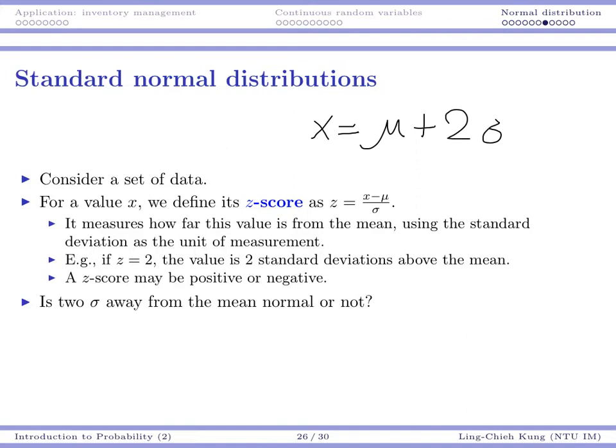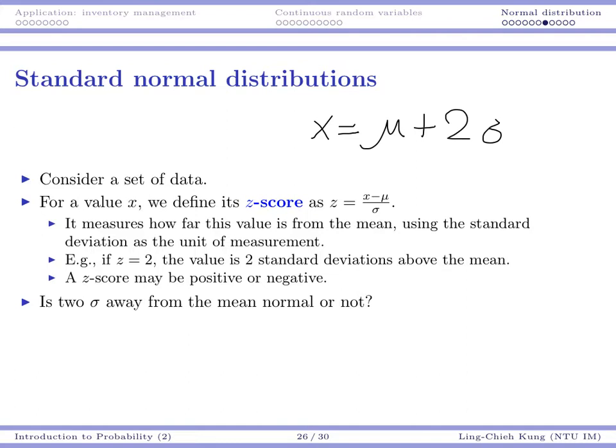If I have this formula, then of course that means my value x is above mu by 2 sigma. The z value may be positive or negative, and if x is smaller than mu, then the z-score is negative. Okay, so now you have a lot of questions to ask.